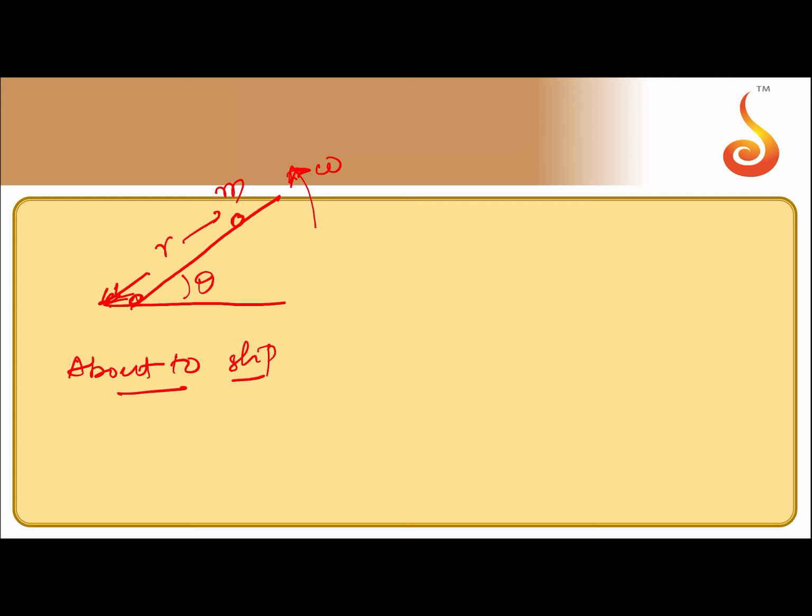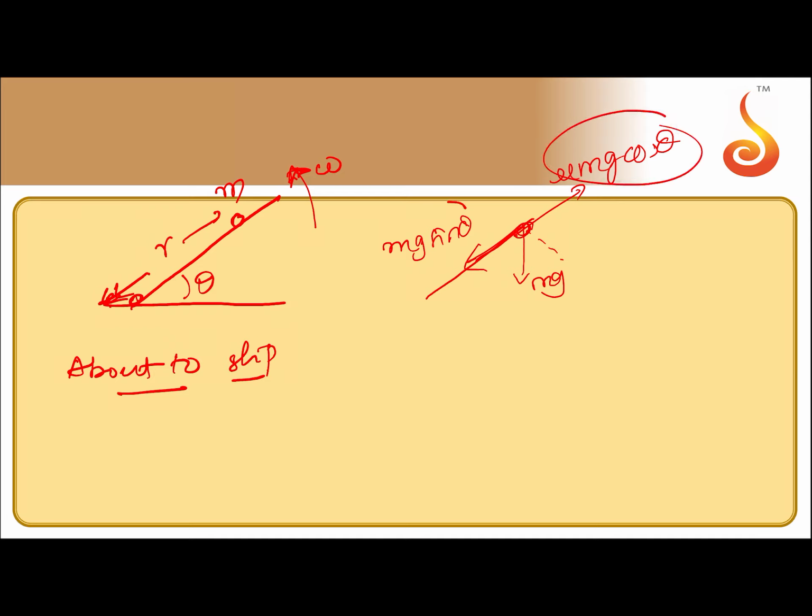What are all the forces? I can say mg is along this direction, and you have mg sin theta along this direction, and mu mg cos theta is along this direction, that's the force of friction. This difference should provide the necessary centripetal force.